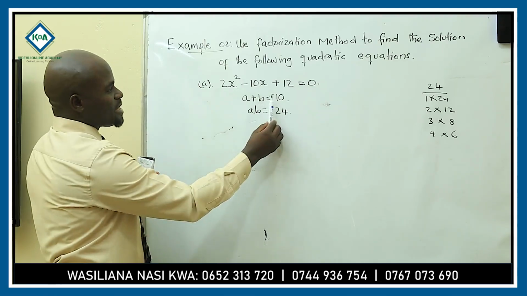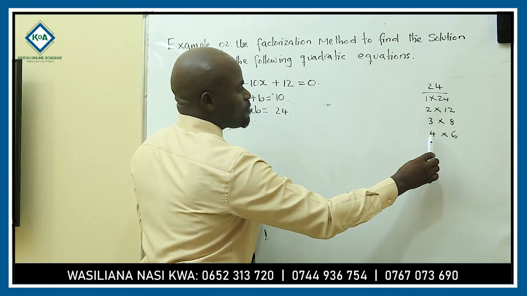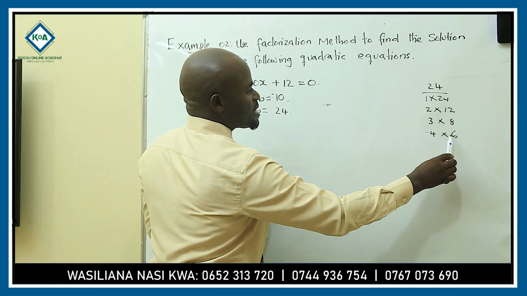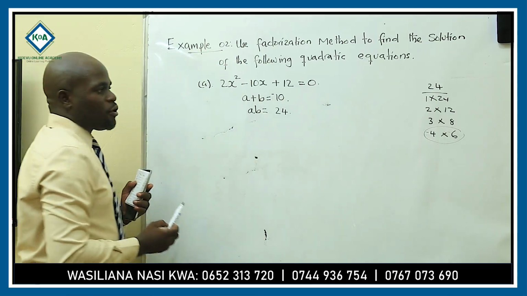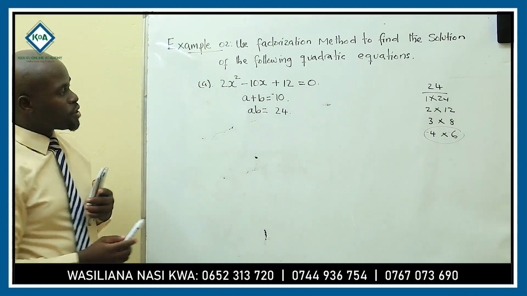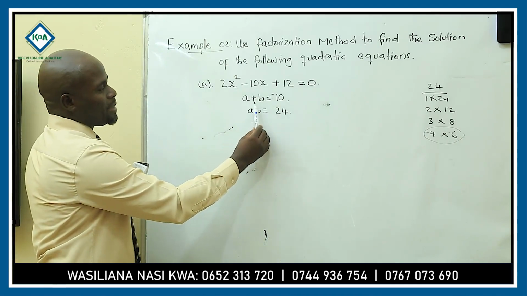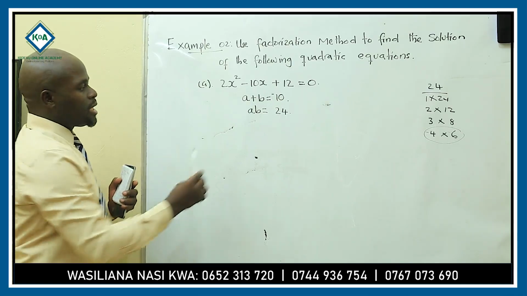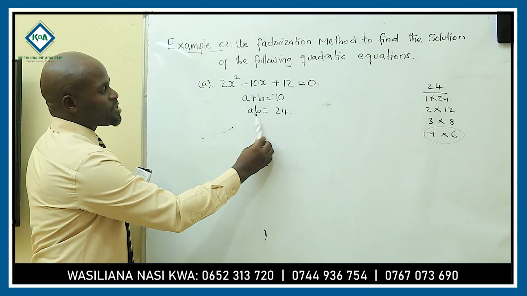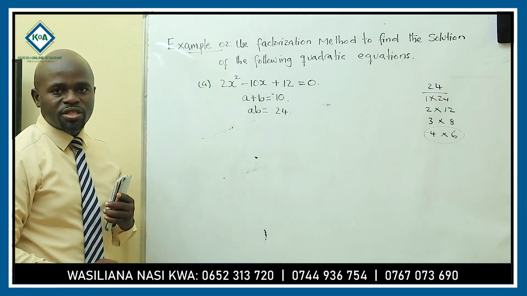In order to get negative, the 4 must be negative and the 6 must be negative. So the correct pair is negative 4 and negative 6, because negative 4 plus negative 6 gives negative 10, and negative 4 times negative 6 is positive 24.